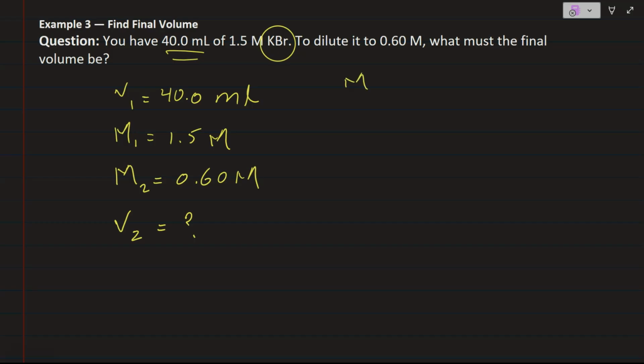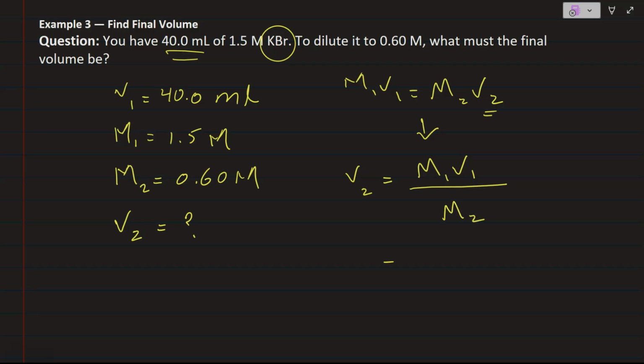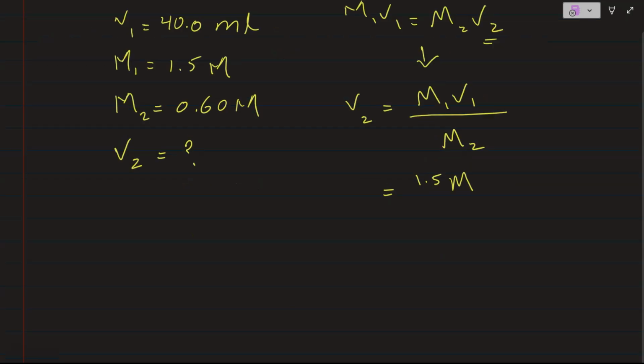Okay, let's go through it. M1 V1 is equal to M2 V2, and this time we want to solve for V2, so rearrange that formula and divide everything by M2. V2 will be M1 V1 divided by M2. Plug numbers in: 1.5 molar times 40.0 milliliter divided by 0.6 molar.